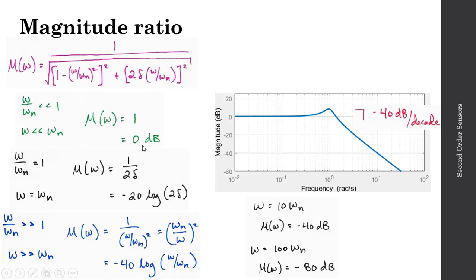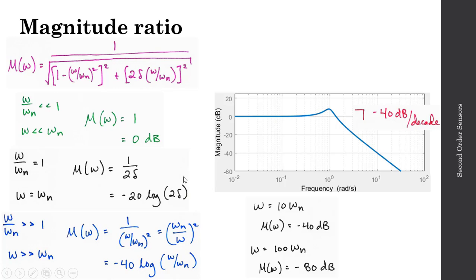If I look at the second case, where omega over omega n is equal to 1, or equivalently, my input frequency is equal to the natural frequency of my system, what we found was that the magnitude ratio was equal to 1 over 2 times zeta, or in decibels, minus 20 times log base 10 of 2 times zeta. So now at this particular input frequency, there's a zeta dependence on my magnitude ratio.